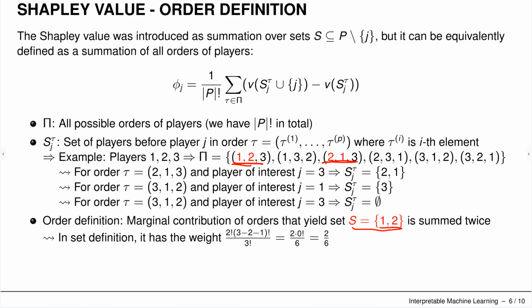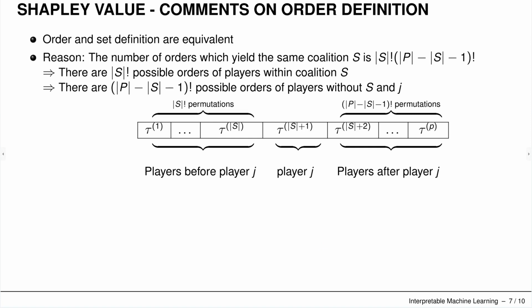And that's why we can also write it in a way where we have a weight of 2 over 6 on the same marginal contribution. We'll see in a minute how to calculate those weights for a little bit more complicated cases.